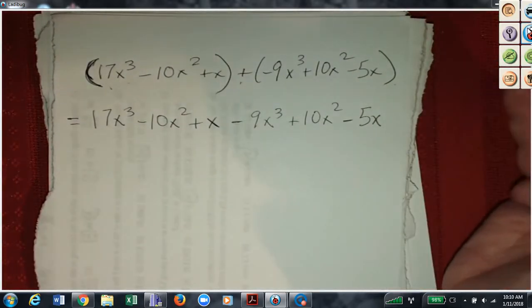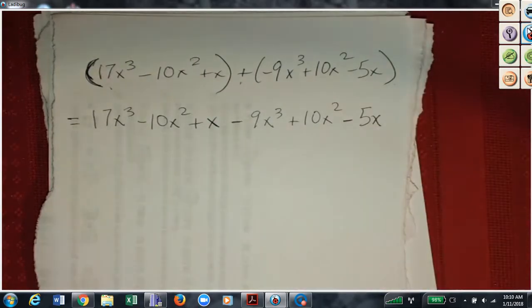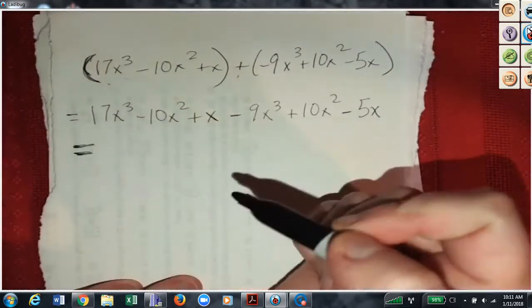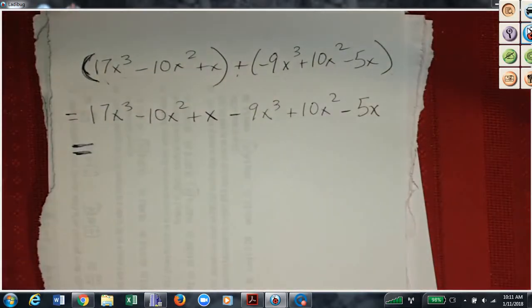Now what I'm going to have to do is to combine these. Okay, what I have to do now is combine any like terms.